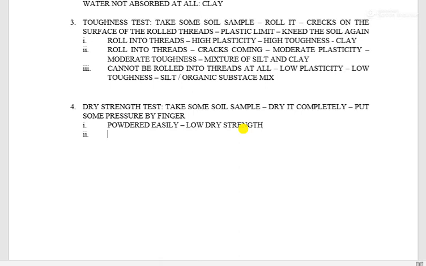If the soil is powdered, but to make it powdered you have to put some pressure, then the soil may be classified as of moderate dry strength.